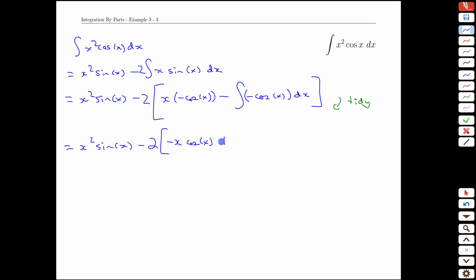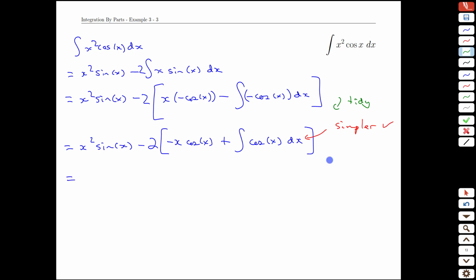The double negative here turns into a positive. And then our last new integral, the thing we traded our original x squared cos of x integral for, is just the integral of cos of x. And this is definitely simpler, and we can actually do it by inspection.